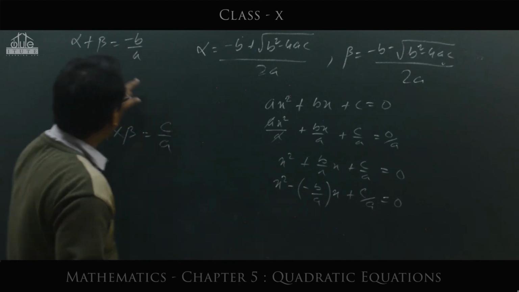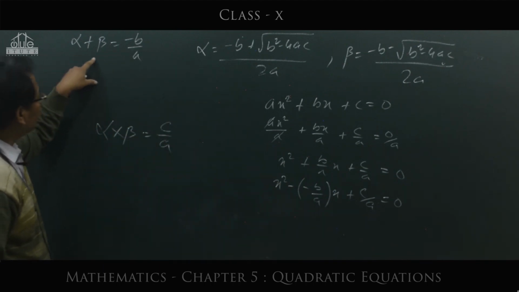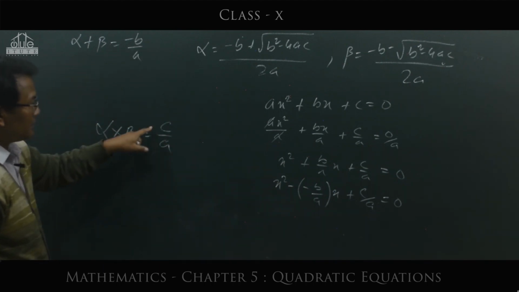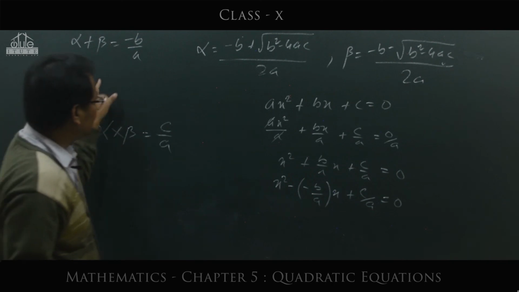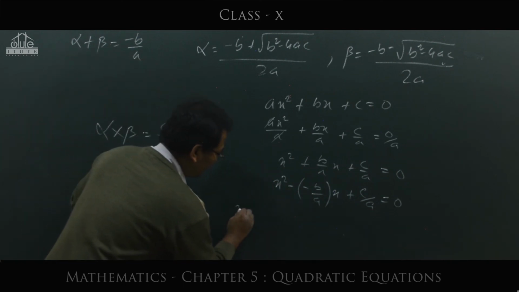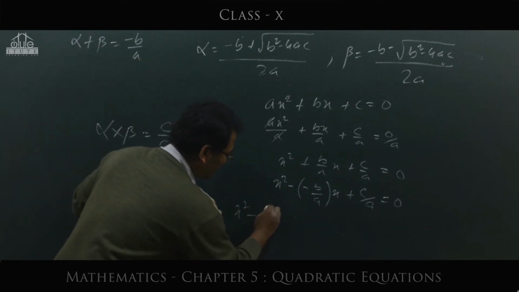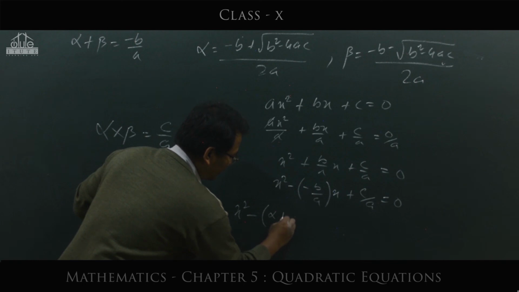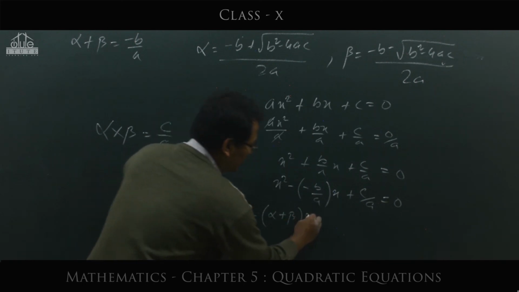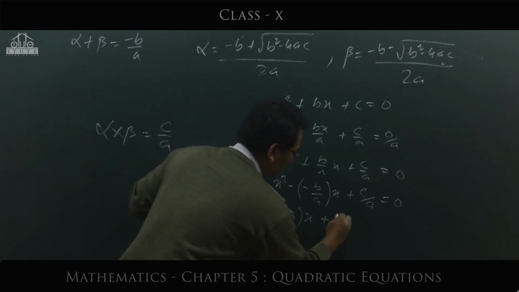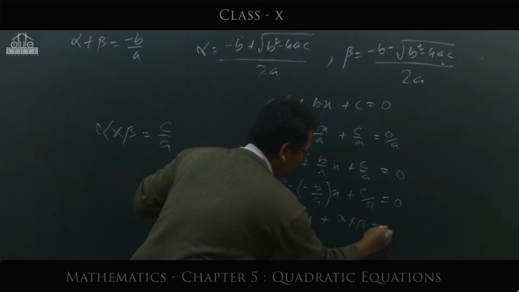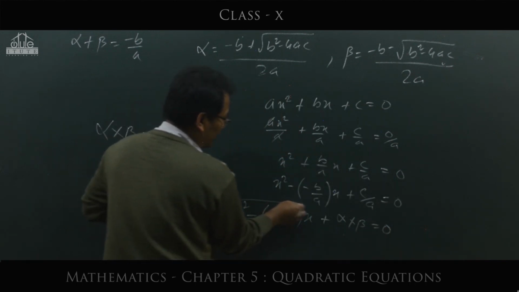So what do you see? Minus b by a is what? The sum of the roots, and c by a is the product of the roots. Using this expression here, I'll have x square minus alpha plus beta, sum of the roots, x plus product of the roots. So finally we have this.